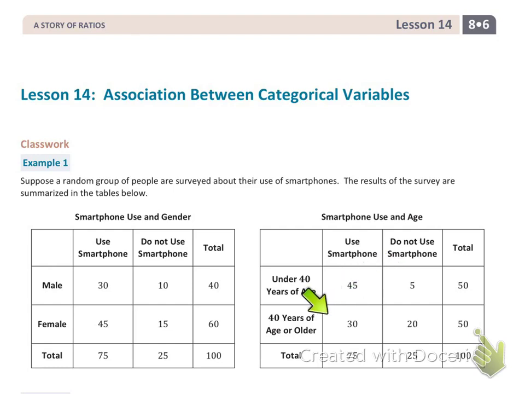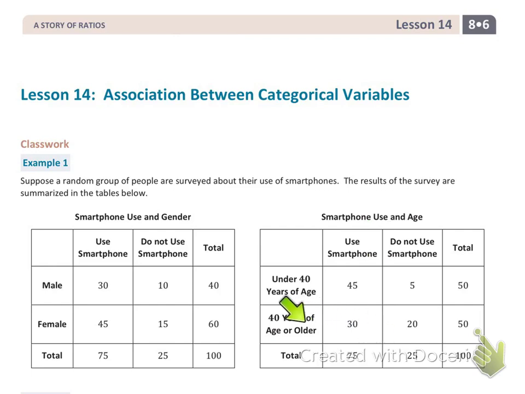Whereas for 40 years and older, 30 out of 50, or 60%, do use a smartphone, and 20 out of 50, which is 40%, do not. So we've got a whole lot more older people not using a smartphone.